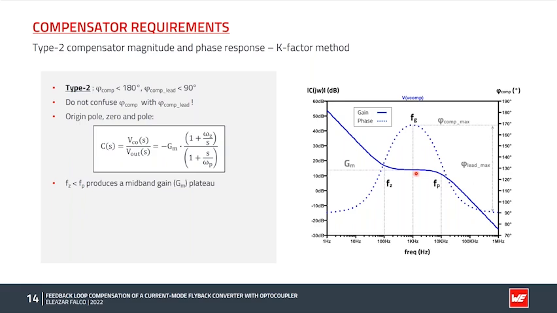This form is useful because if the zero is placed at a lower frequency than the pole, then a plateau is created in the magnitude curve, and the magnitude of the compensator right at the center of this plateau corresponds to the midband gain GM.